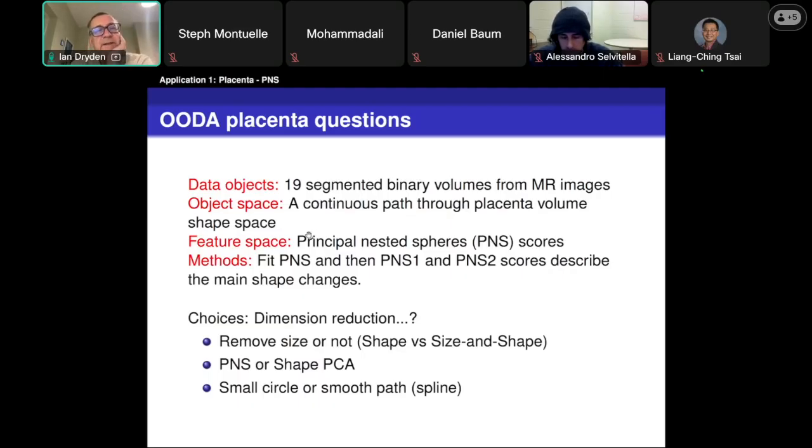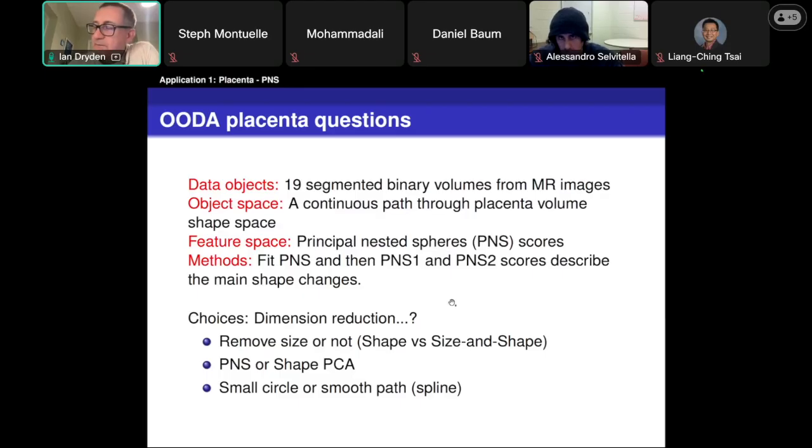We're going to use a method we call principal nested spheres, which has been around for about 15 years or so, and is a different sort of decomposition from principal components analysis. I'm going to tell you a bit about that and then apply it to these data. The methods are fitting PNS and then looking at the PNS 1 and 2 scores to describe the main shape changes.